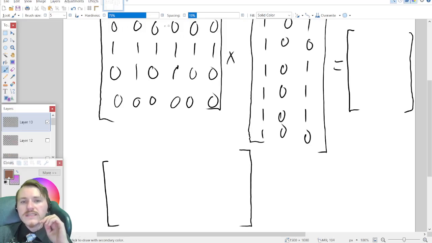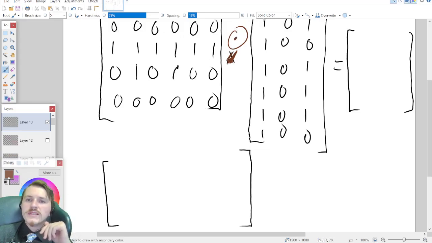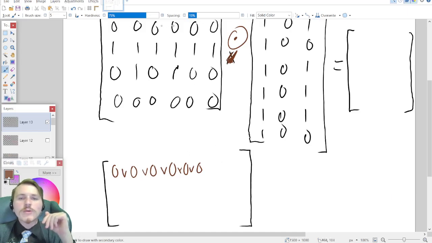Let's start with the first row. I have said that I know this first row is going to be all zeros, but let's try it out. We have all zeros times all ones. Boolean product. 0 and 1 is 0, or 0 and 1 is 0, or 0 and 1 is 0, or 0 is 0, right? We are left with all zeros because these are all zeros.